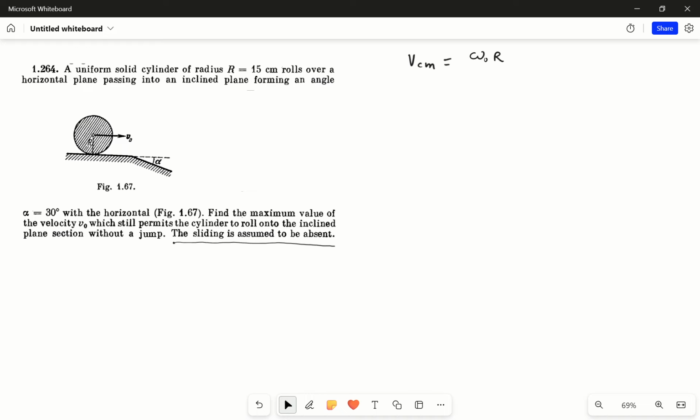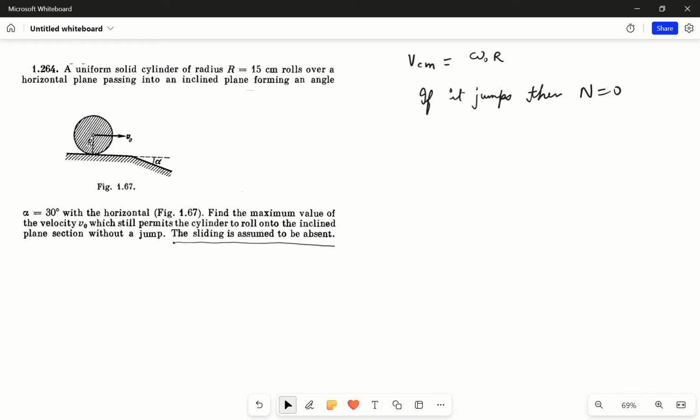Normal applied by the ground on the solid cylinder would be zero. So if it jumps, then normal equal to zero. So we have to ensure that normal should not be zero, so that it doesn't jump off the surface, right?